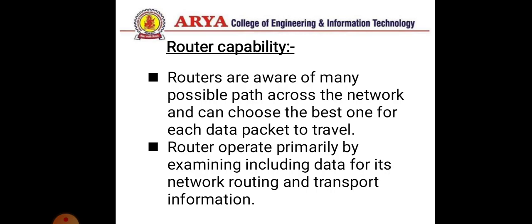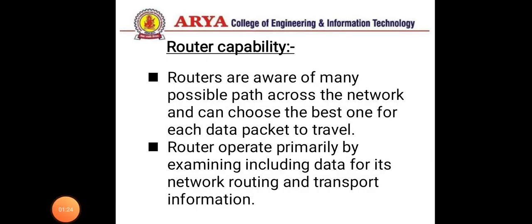Routers are aware of many possible paths across the network and can choose the best one for each data packet to travel. Routers operate primarily by examining incoming data for its network routing and transport information.